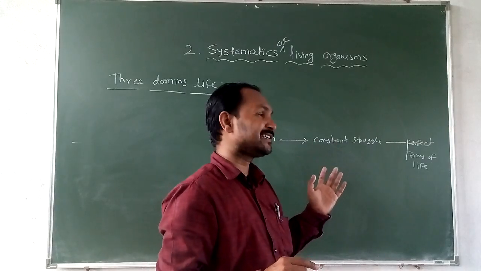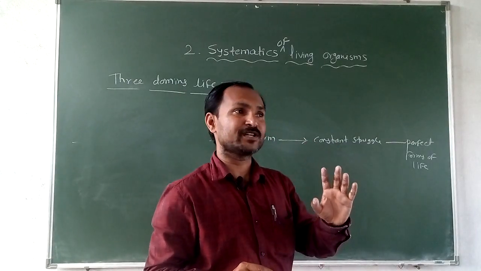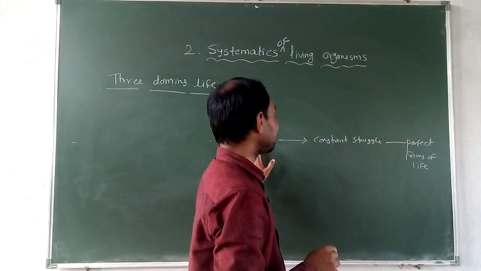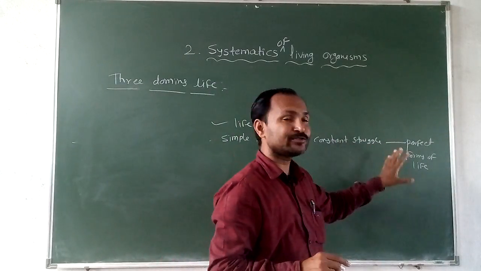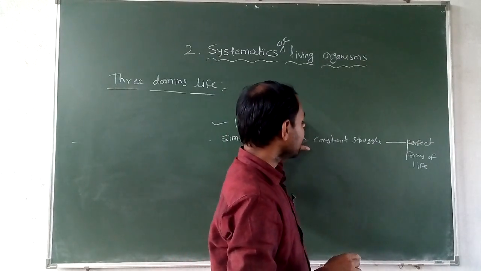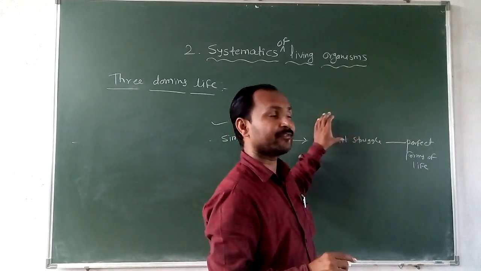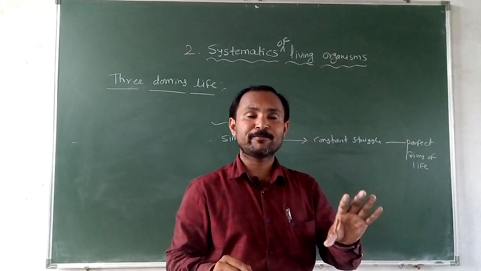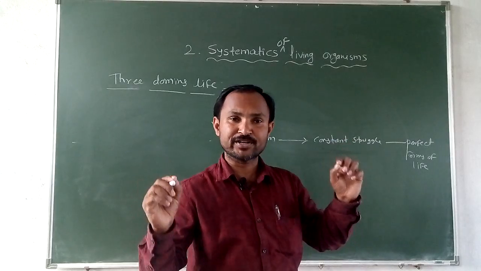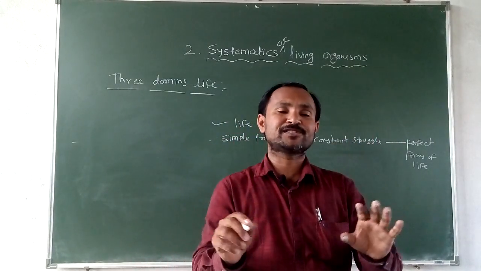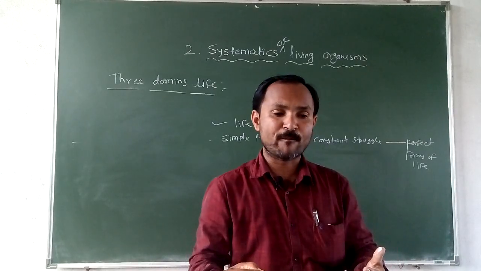By struggling and progressing, which we generally call evolution. They make perfect life, and perfect life forms our nature. In nature, diverse plants, animals and microorganisms are formed.